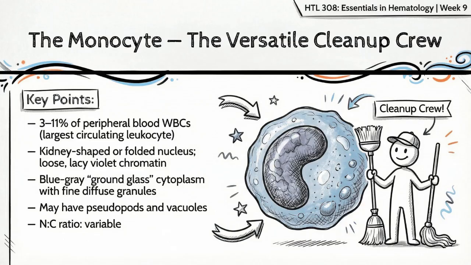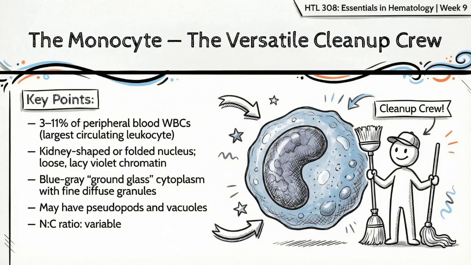Here's the key clinical point: monocytes are the precursors to macrophages. When they leave the circulation and enter the tissues, they differentiate into macrophages, the heavy-duty phagocytes that handle chronic inflammation, engulf debris, and present antigens to T cells. This transformation into macrophages allows them to effectively clear cellular debris and pathogens, playing a crucial role in both innate and adaptive immunity.